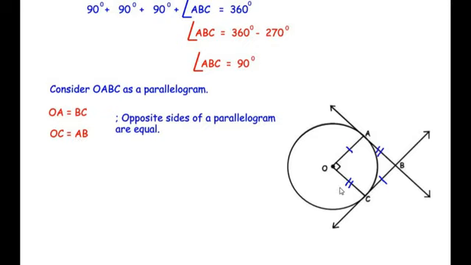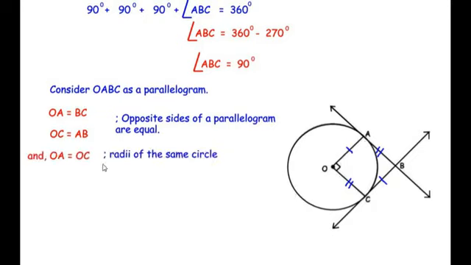Next, we can say that side OA is equal to side OC because both are the radii of the same circle. So these two sides become equal. Let us write now OA is equal to OC, that is, radii of the same circle. Now looking at these three equations, OA is equal to OC, but OA is equal to BC and OC is equal to AB.